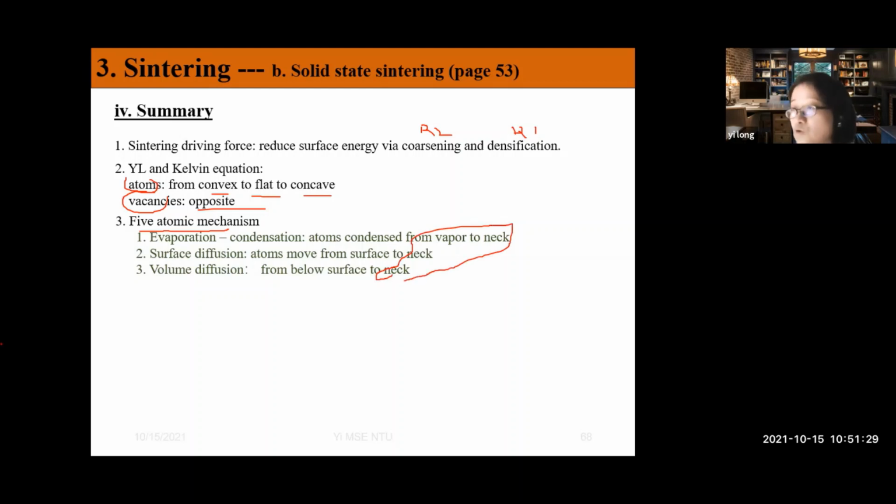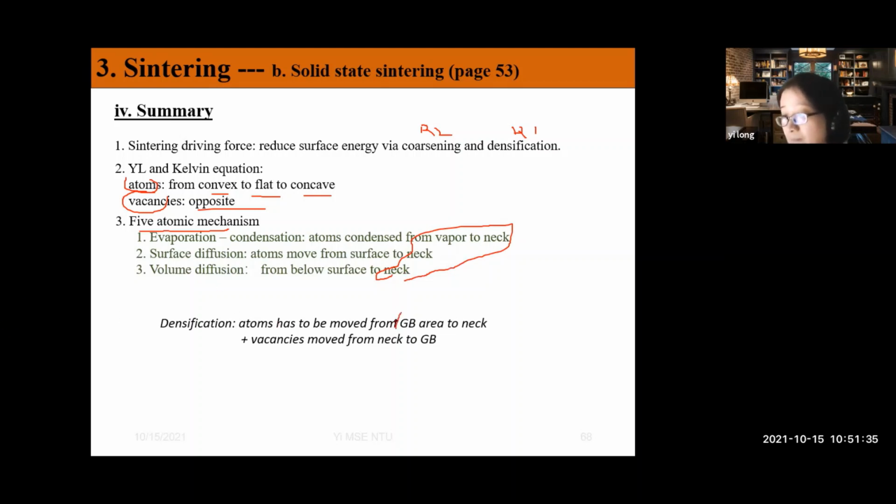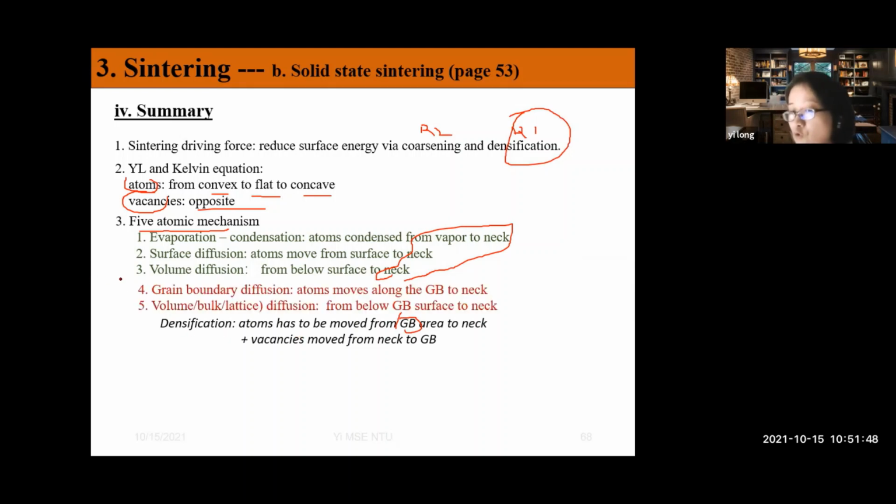Okay, and also we said densification happens. Everything has to happen at the grain boundary because that's root 1, right? We need to form a dense grain boundary first. Okay, and also at the same time, the vacancies and atom need to move in opposite directions. So that is P4 and P5.